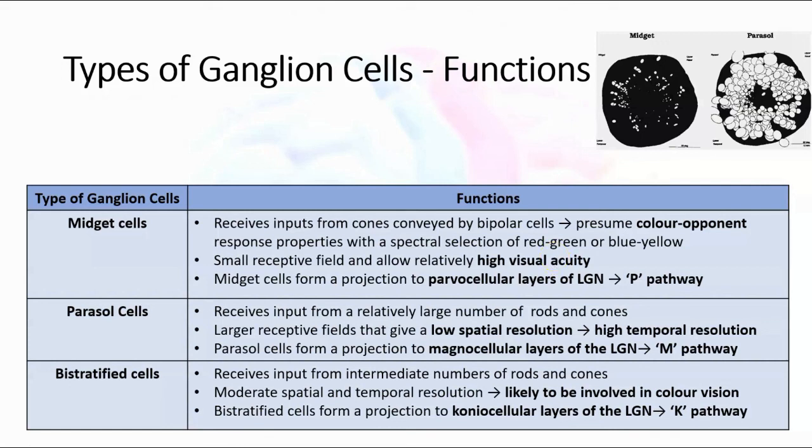The anatomical features of midget cells allow them to specialize in color vision and high spatial resolution, for example object recognition features such as pattern and texture, but with low temporal resolution. Midget cells form a projection to parvocellular layers of the LGN, the so-called P pathway.